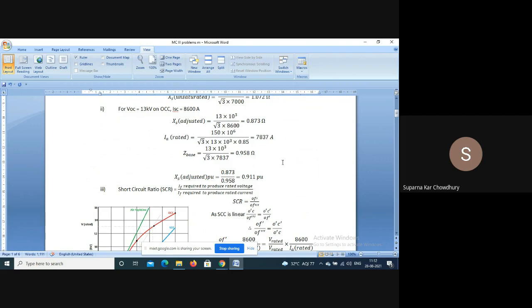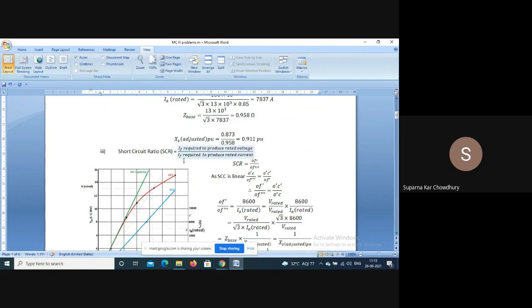So I rated will be the rated current, which is 7837 ampere, and the base impedance is the rated voltage divided by the rated current. So the adjusted synchronous reactance per unit will be Xs in ohm divided by Z base. So this is 0.911 per unit.